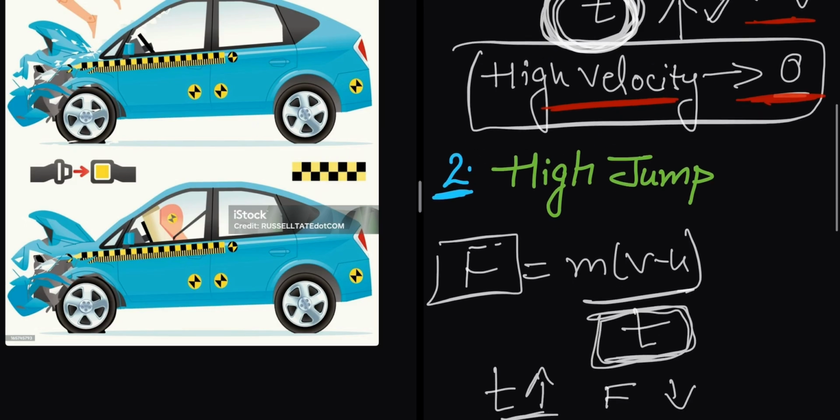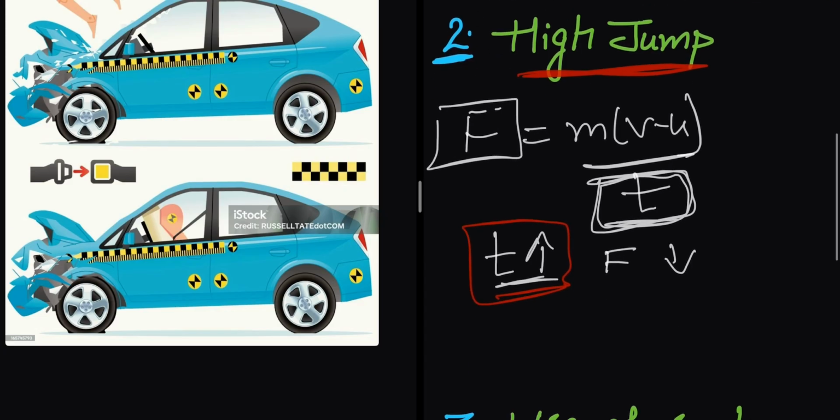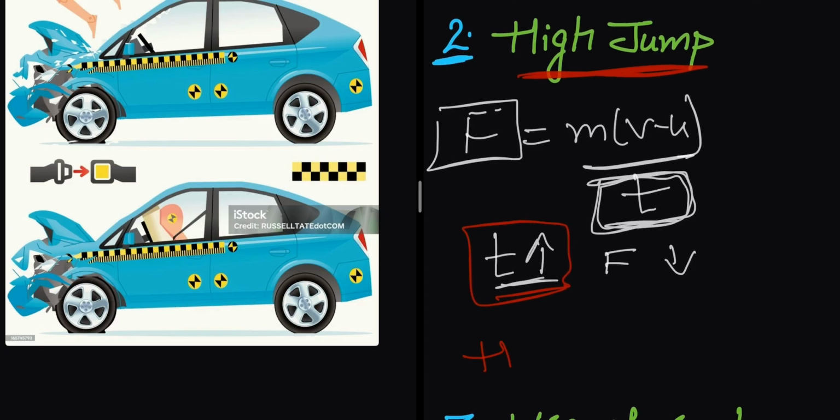Now what was the next? High jump. In high jump the athletes are made to fall either on the cushion bed or on the sand bed. Why? By doing so, they are increasing the time in which the high velocity of athletes will reduce to zero, and by increasing the time, the force acting on them will decrease.